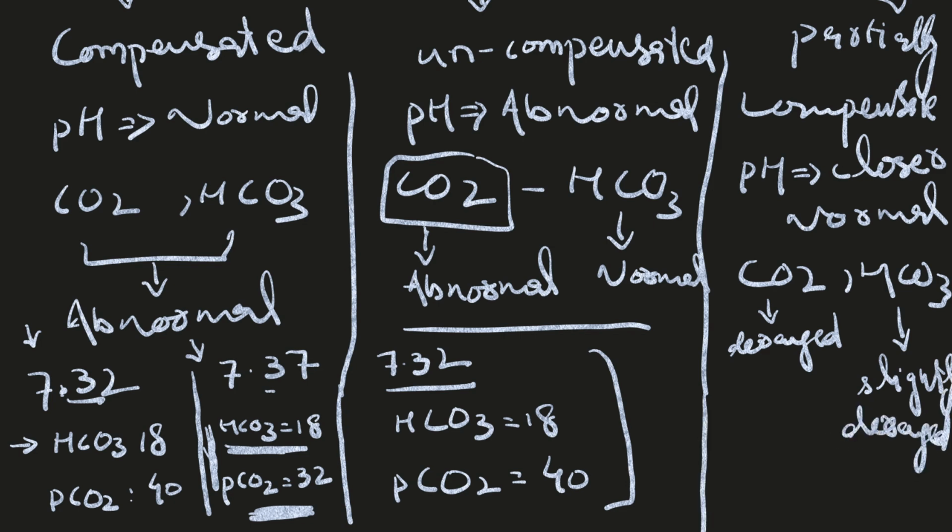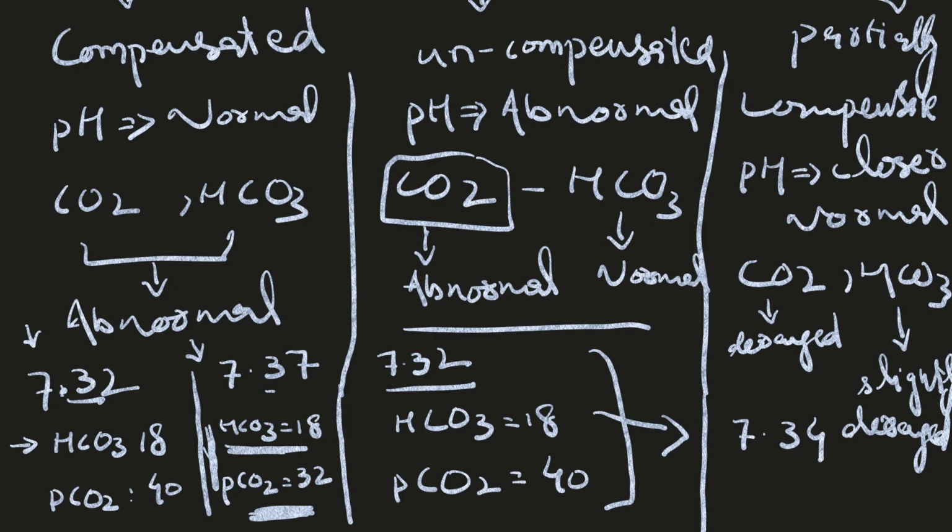So let's take a similar example towards partial compensation. What will happen if this uncompensated metabolic acidosis gets partially compensated? The pH will go towards the nearly normal side.